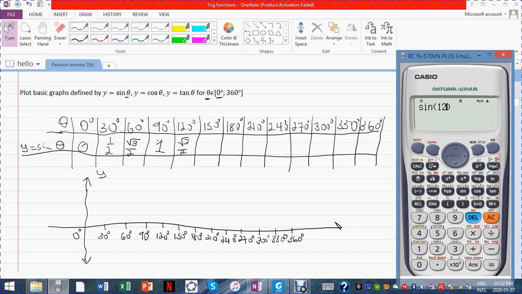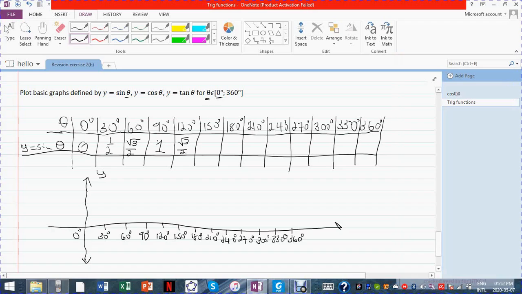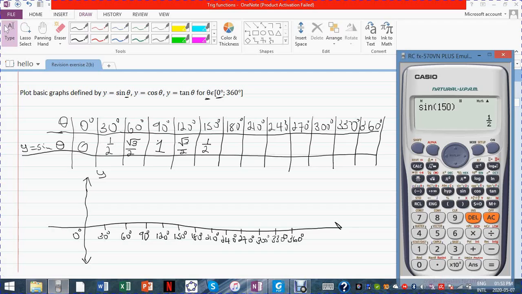And then sine of 150. Sine of 150 gives us a half, 1/2. The next is 180. Sine of 180 gives us 0.